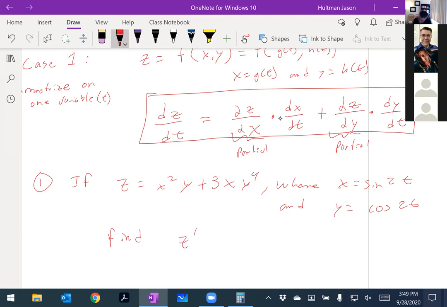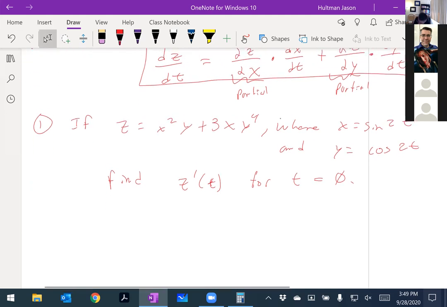Find z prime of t for t equal to 0. So let's find the derivative when t is equal to 0.